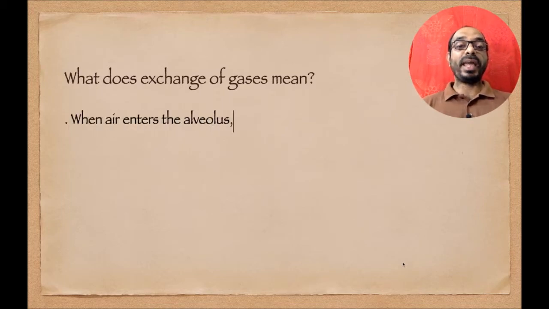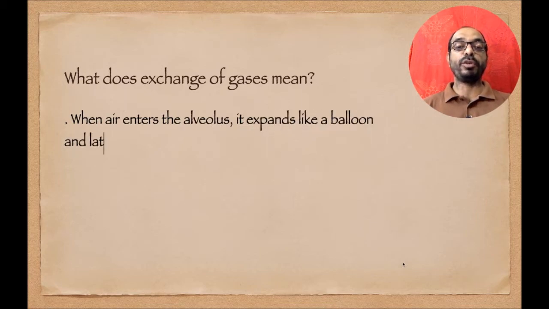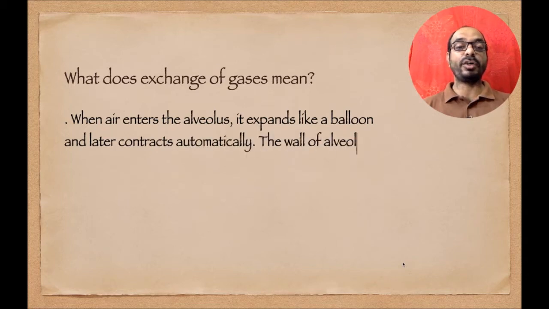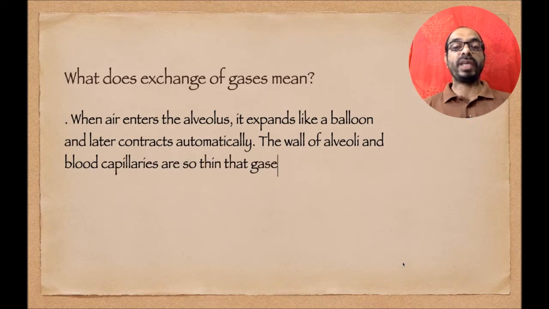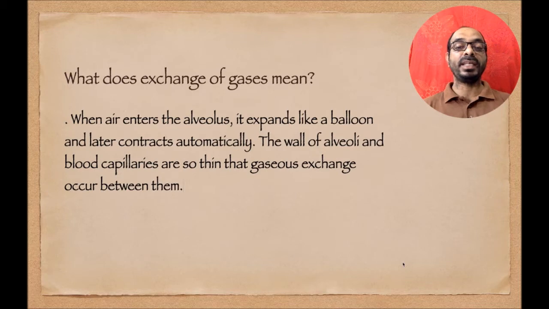When air enters the alveolus, it expands, or its volume increases like a balloon, and later contracts or shrinks automatically. The walls of the alveoli and blood capillaries are so thin that gaseous exchange occurs between them with the help of the diffusion process.